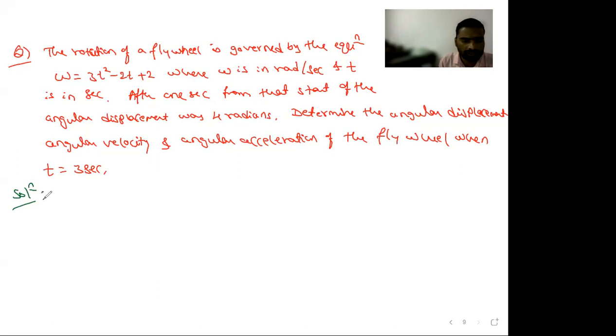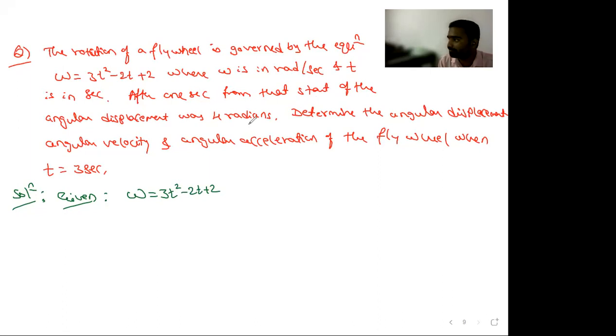So don't write anything, just concentrate. What is given? First, the rotation of the flywheel is given by the equation omega. What is omega? Angular velocity, correct? 3t square minus 2t plus 2. Omega is in radian per second, t is in second. After 1 second from the start, the angular displacement was 4 radian.